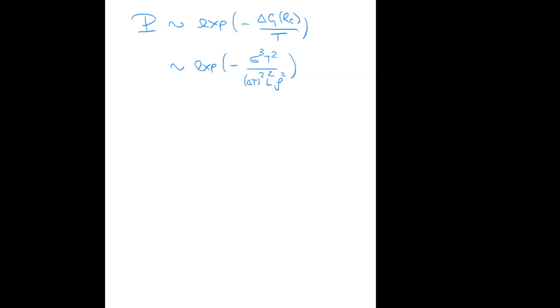But if you go further and further away, then it's easier and easier to nucleate a bubble. So as delta T increases, it gets easier to nucleate a bubble of the right phase.